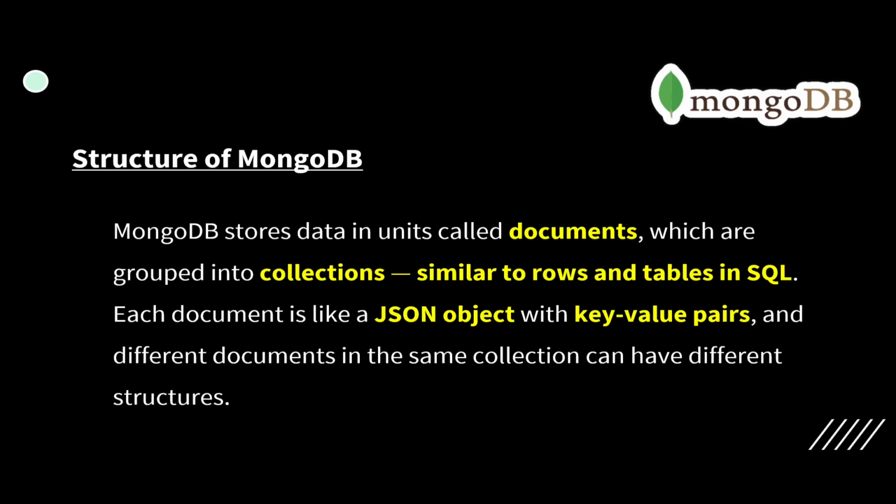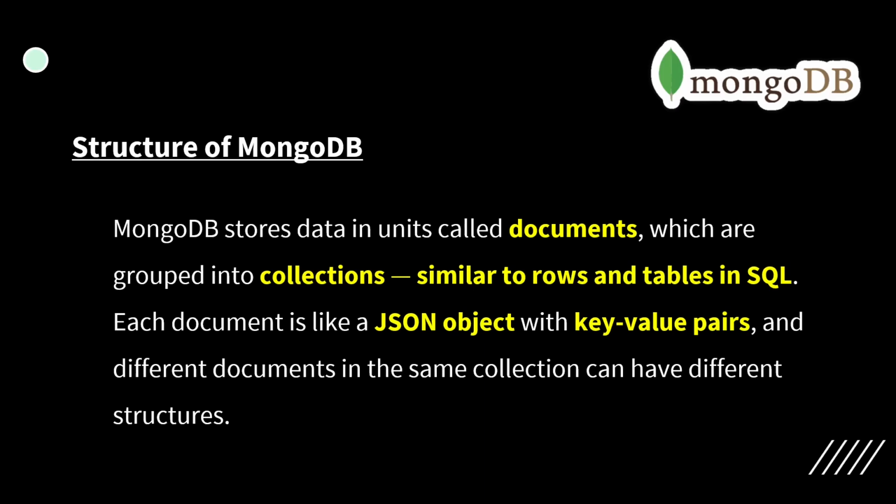Under the database, we could have multiple collections, and within those collections, we could have multiple documents. Each document is like a JSON object. It stores our data in key value pairs, and different documents in the same collection can have different structures, which we discussed earlier, and this relates to the property of flexibility in Mongo database.